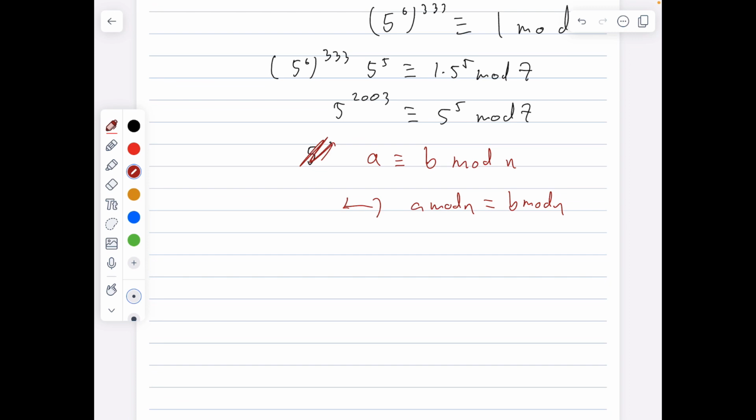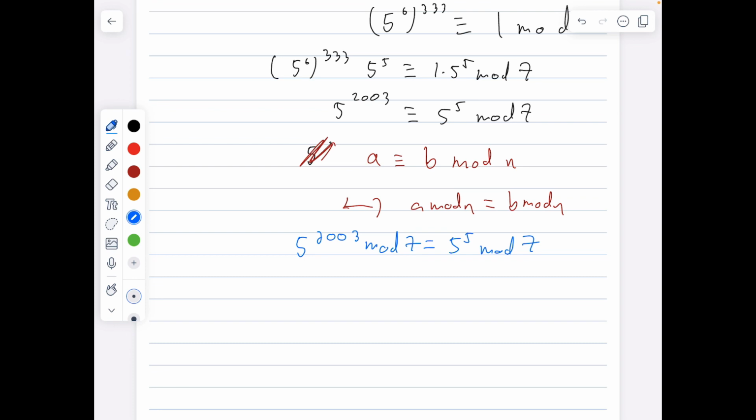And essentially here, 5 to the 2003 mod 7 is going to equal 5 to the 5th mod 7. Okay. So if I want to know what 5 to the 2003 mod 7 is, all I need to do is calculate 5 to the 5th mod 7. And that's fairly easy to do.